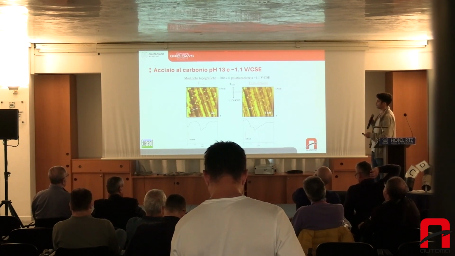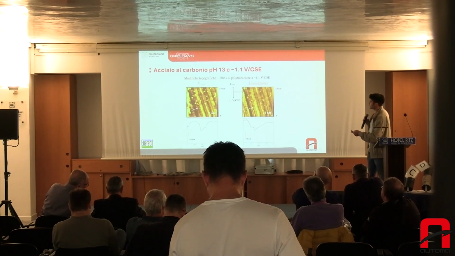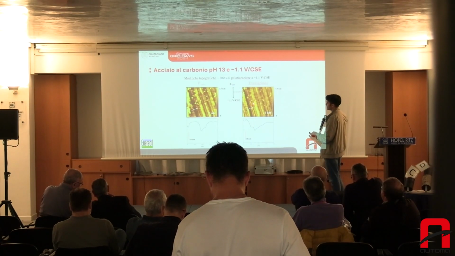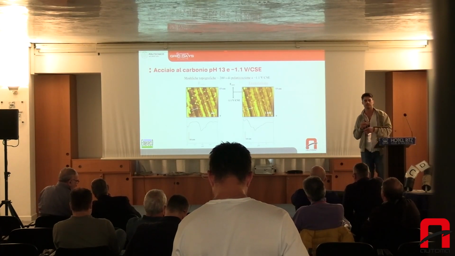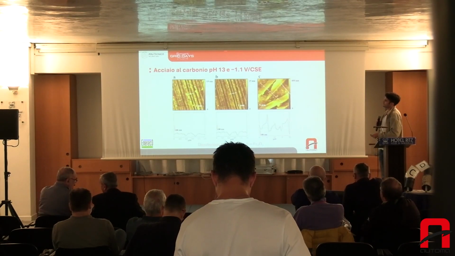This is the topography. This is how our steel looks at a nanometric level. After 200 seconds of polarization at -1.1, you can see that there is a variation in topography. So it takes really little for major changes to take place in the surface of a metal.